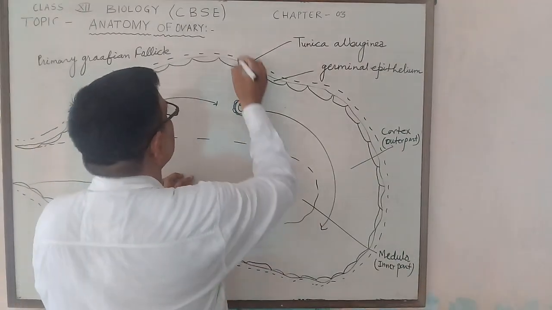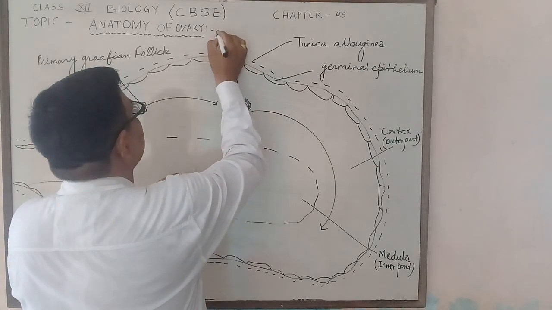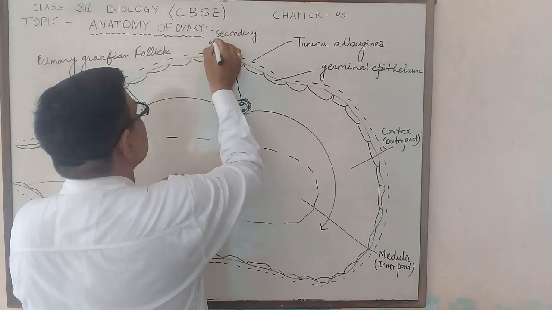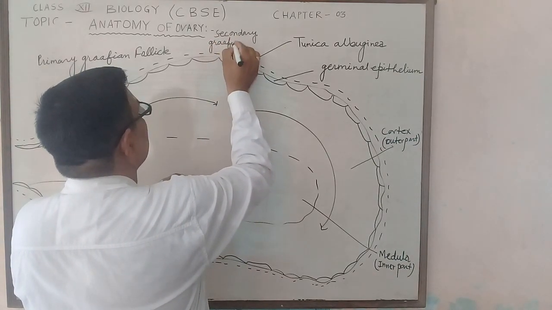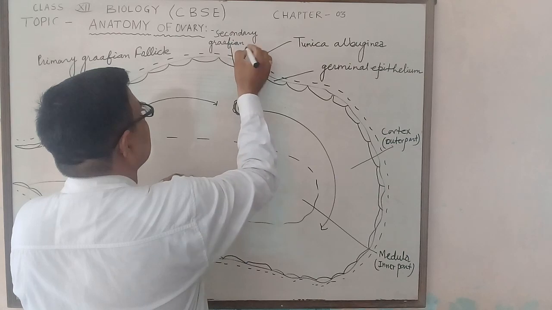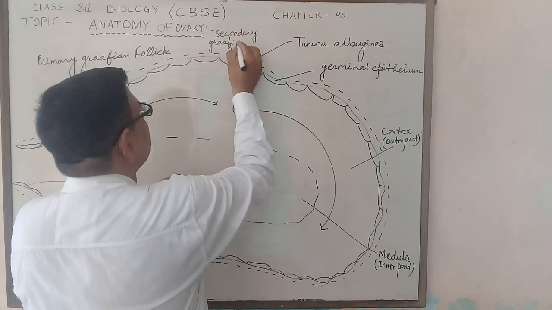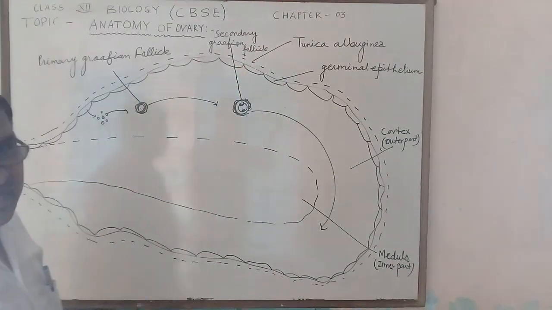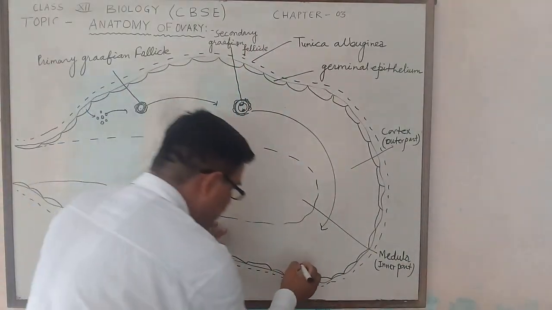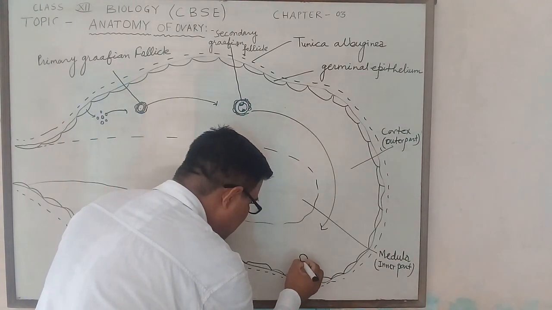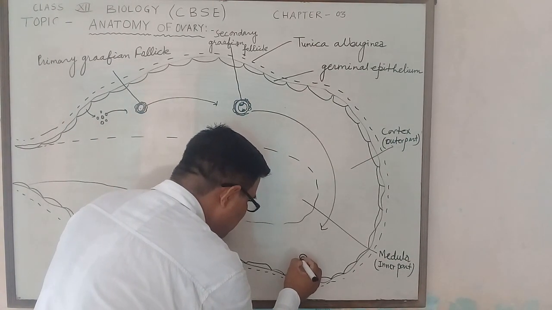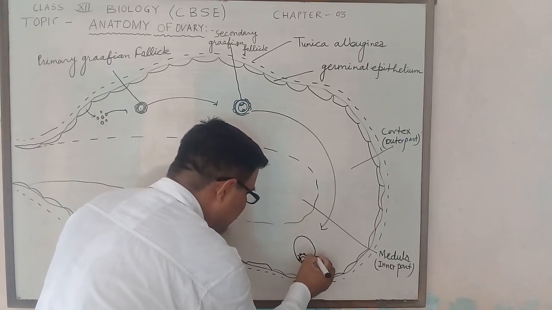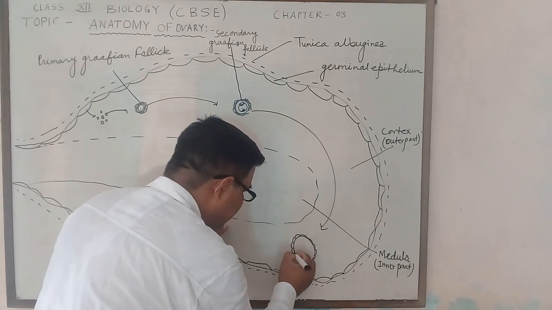The next one is the secondary Graafian follicle, which is surrounded by two membranes. When the secondary Graafian follicle develops into the tertiary Graafian follicle, which has different parts, it is also called the mature Graafian follicle.